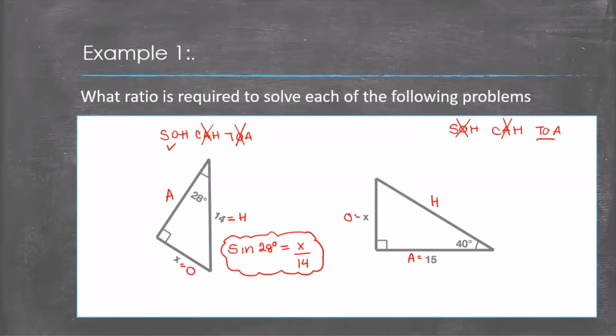So this one is going to use tan. So the tan of 40 is going to be equal to, opposite comes first, so x on the top, 15 on the bottom. And then you would solve it using some simple algebra, but this one uses the tan ratio. If you can pick out which ratio, from there, things get pretty easy.